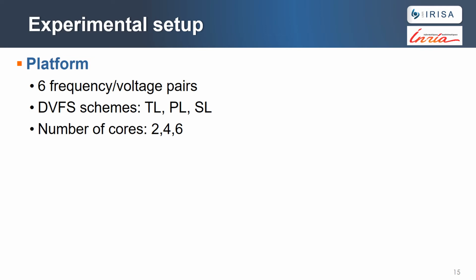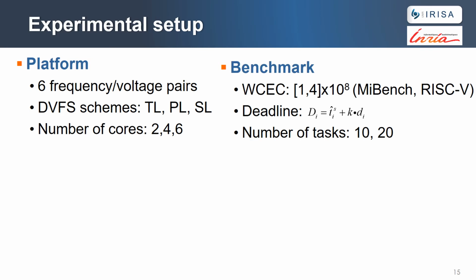Considering the experimental setup, we assume a platform where each core has 6 frequency-voltage levels. For the benchmarks, the worst-case execution cycle is selected randomly in a range which is obtained through measurements of some MiBench benchmarks on a RISC-V core.